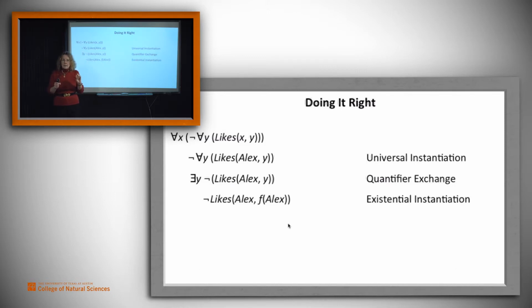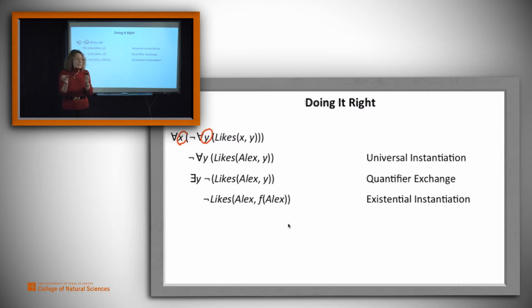But we have to be sort of careful here because this existential occurred inside the scope of the original x. The particular value of y is a function of the particular x. There may be something Alex doesn't like and something that Casey doesn't like and so forth.